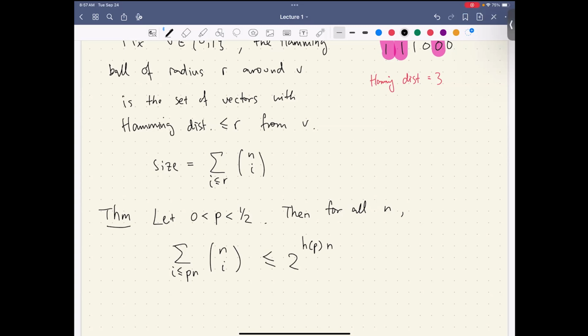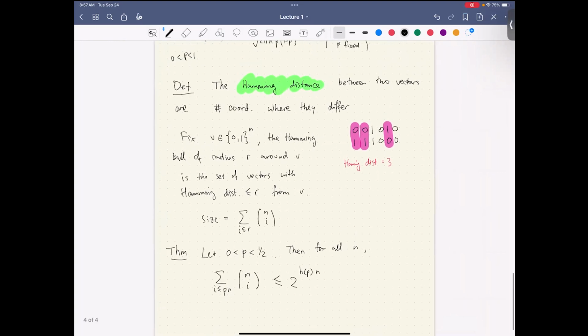Before I prove this, let's appreciate this upper bound from the entropy method.